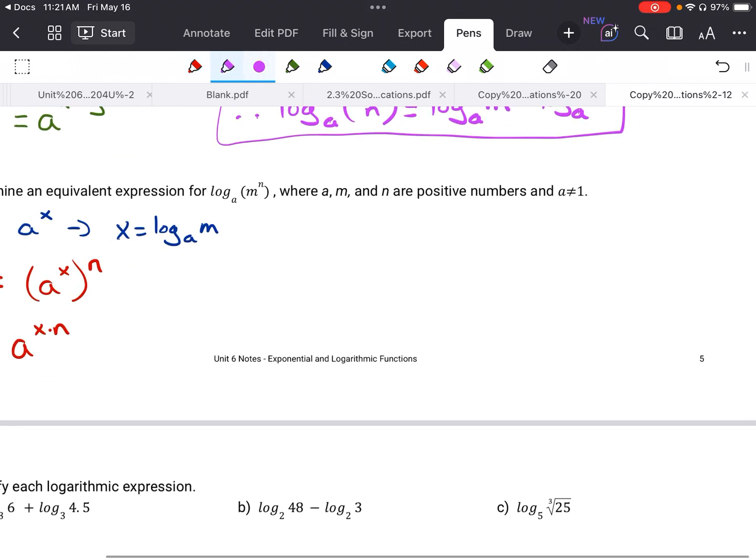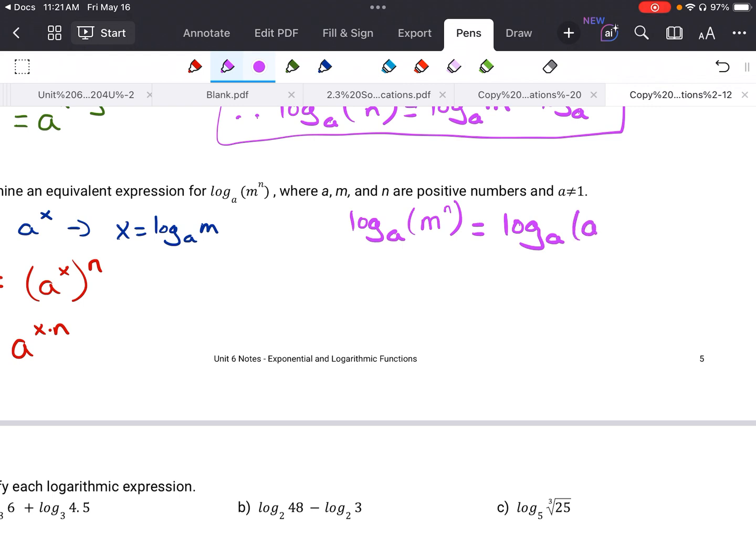So we have log base a of m to the power n is equal to log base a of a to the power x times n.